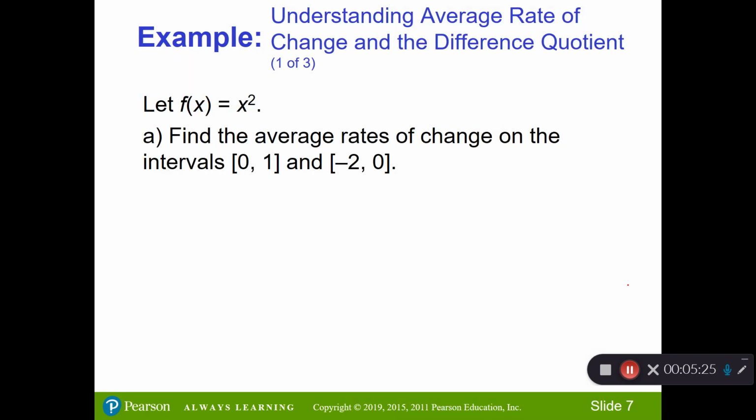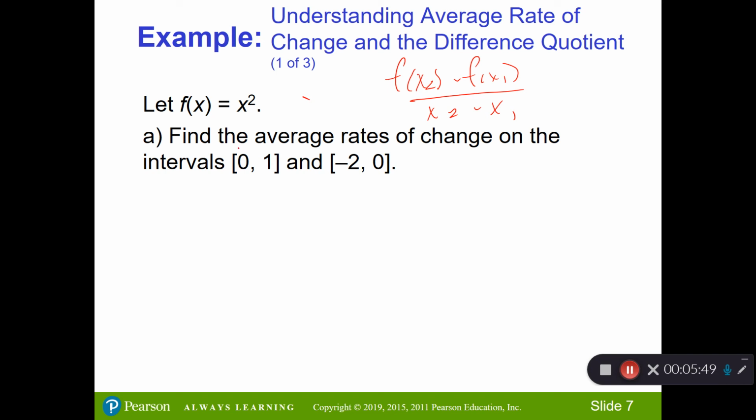All right, now let's find the average rate of change on each of these intervals. So my average rate of change is the difference in the y-coordinates, f of x2 minus f of x1, over the difference in the x-coordinates, x2 minus x1. That's what my average rate of change is.